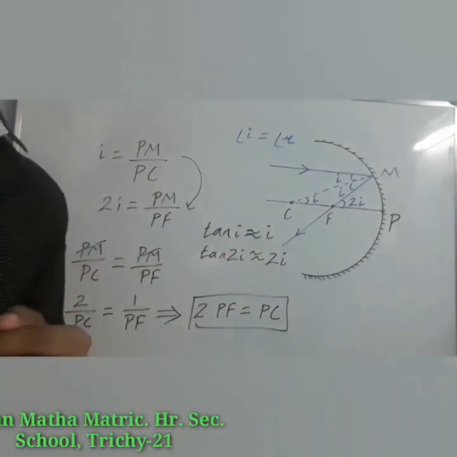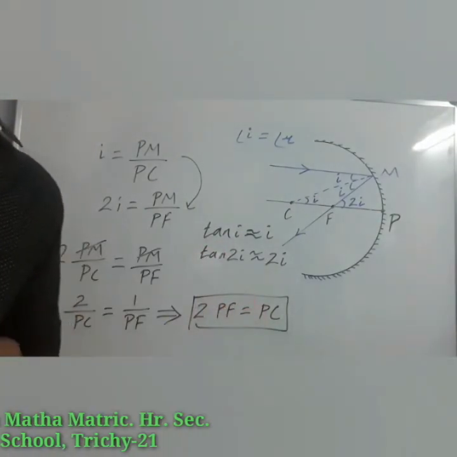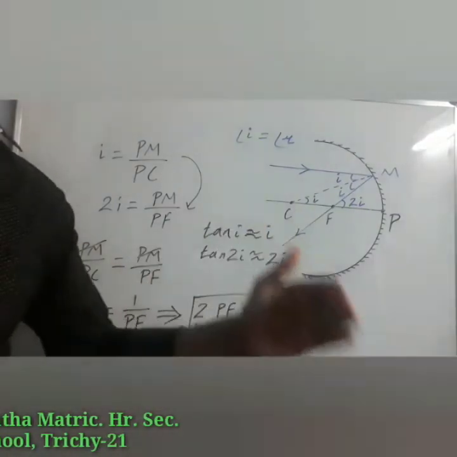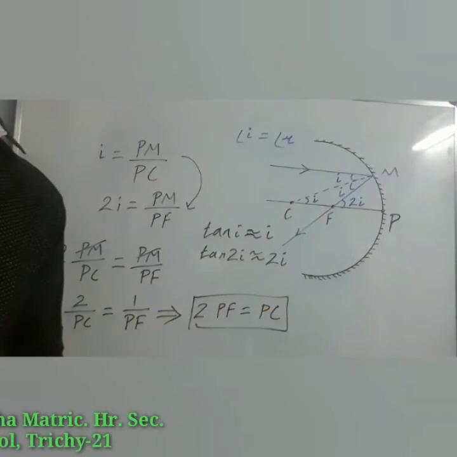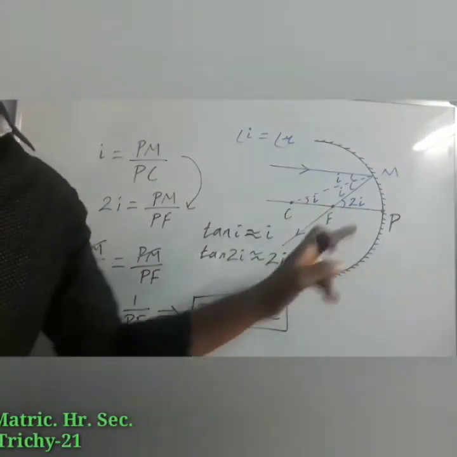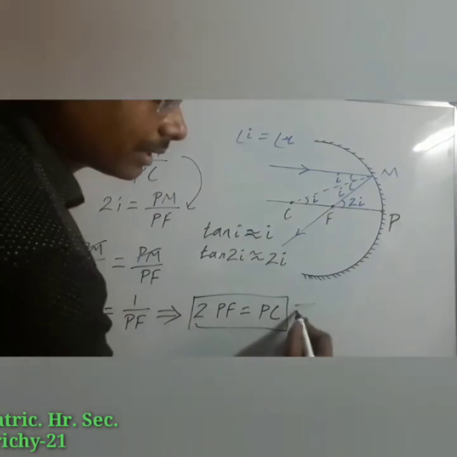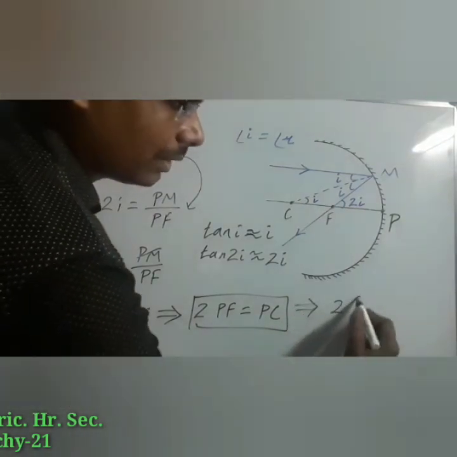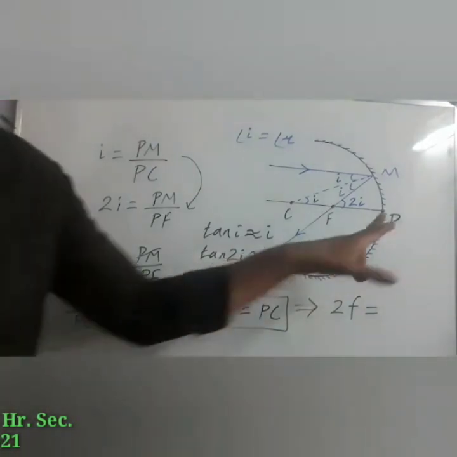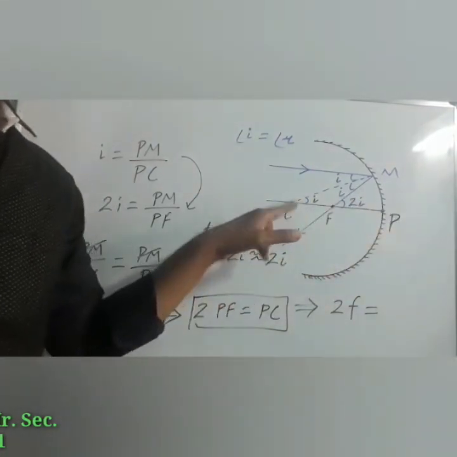Recall the terms related to spherical mirrors. PF, the distance between the pole and the focal point, is known as the focal length. So here we can write 2F is equal to PC. What is PC? The distance between the pole and the center of curvature.